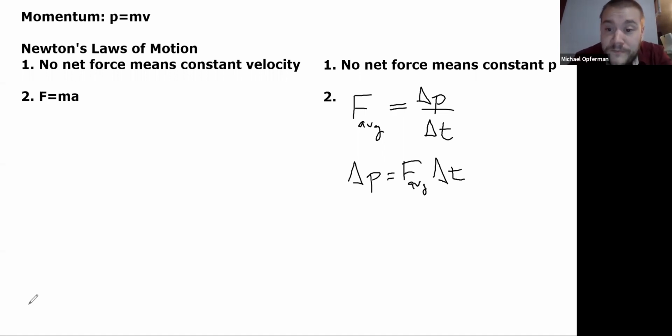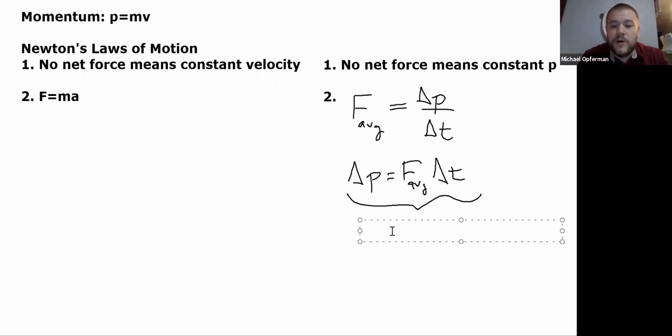But anyways, this version of Newton's second law is often referred to as the impulse momentum theorem.